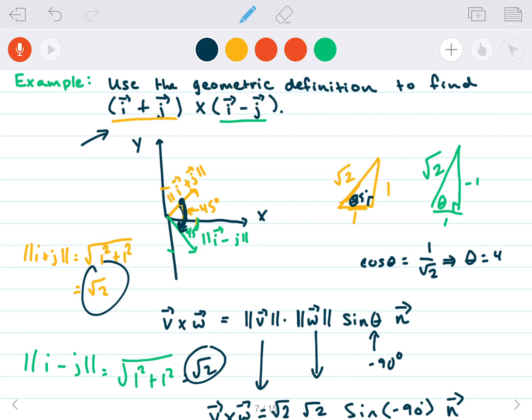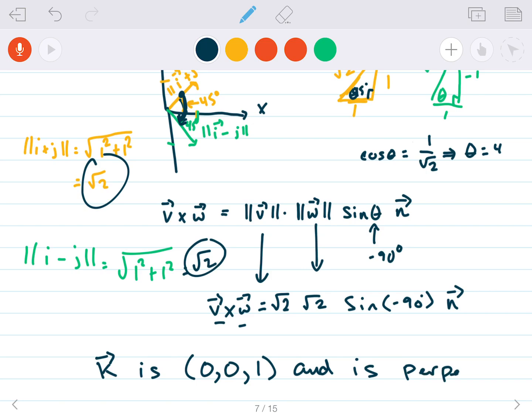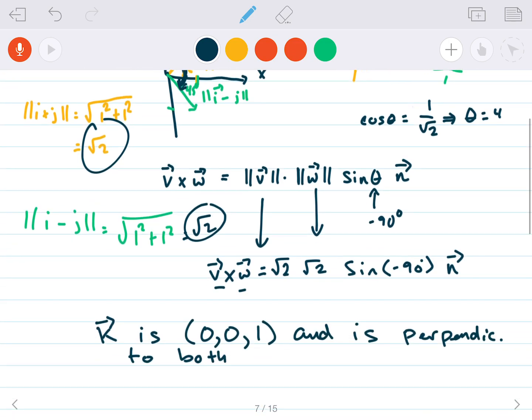So because those two lie on the xy plane, a normal vector to both of those is going to be k. So k is the vector 0, 0, 1, and is perpendicular to both i plus j and i minus j.